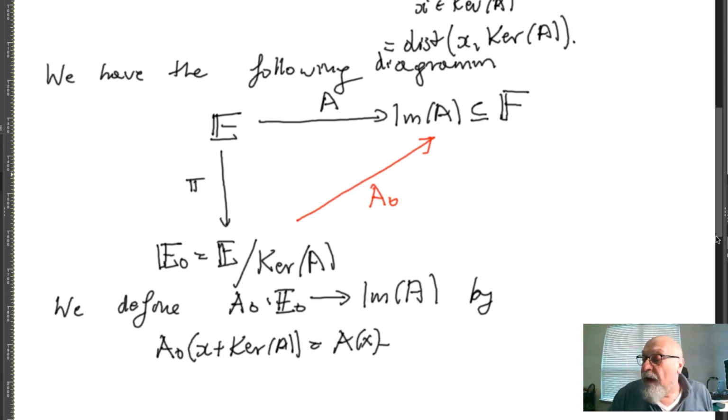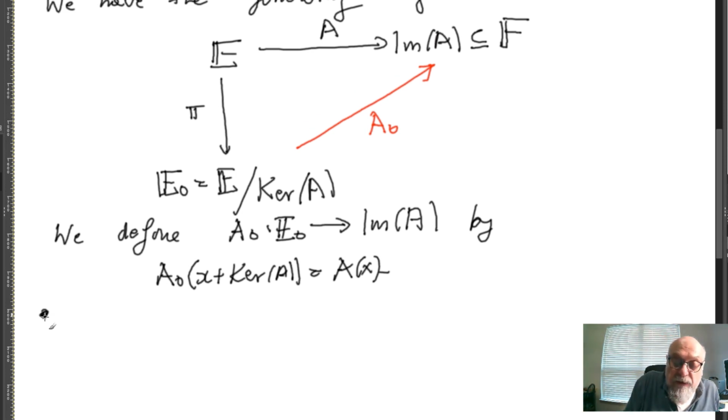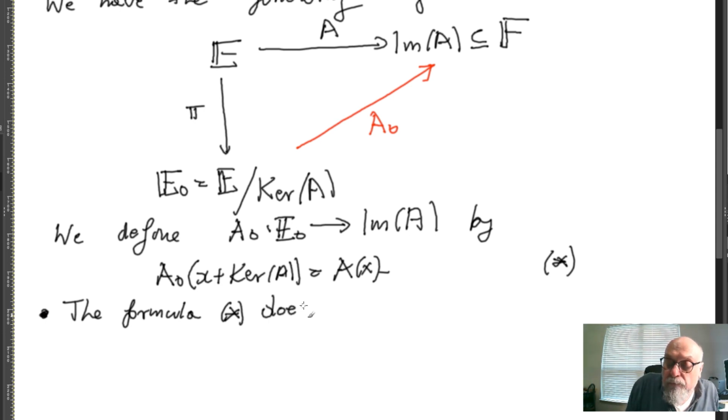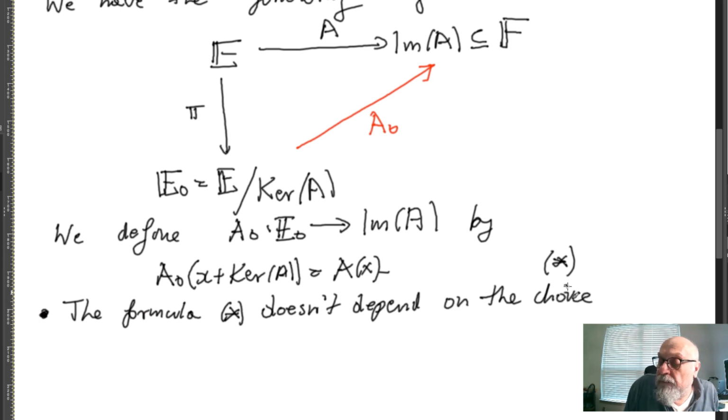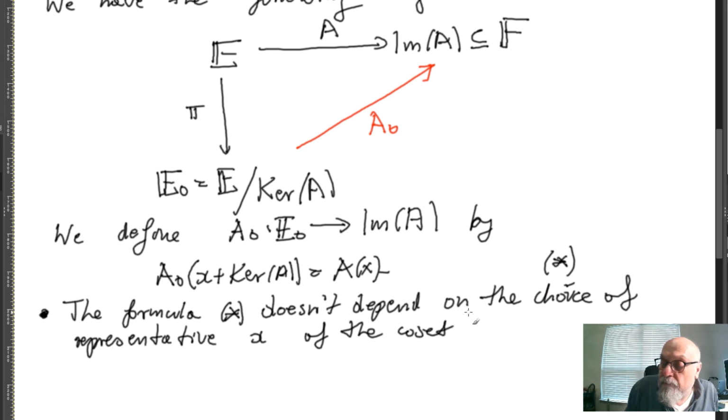Call this formula star. The formula does not depend on the choice of representative x of the coset x plus kernel of A.